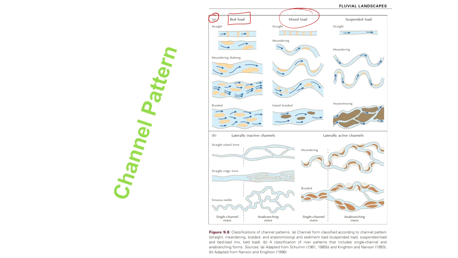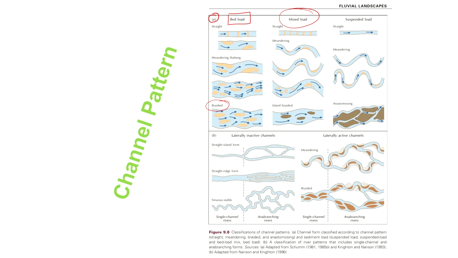Suspended mainly means the very fine deposits which have been carried, and in bed load we are talking about the coarser sediments, and that is typical of your braided system also.